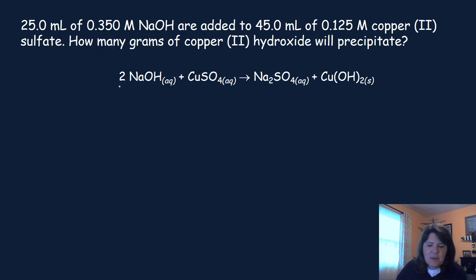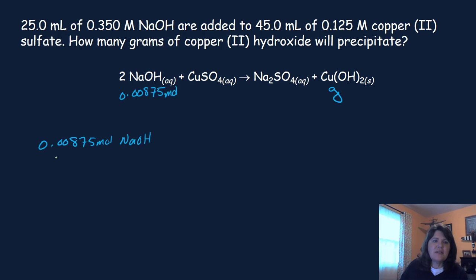So since I know the sodium hydroxide is the limiting reactant and I have 0.00875 moles of it, I can use it to find the grams. 0.00875 moles of sodium hydroxide for every 2 moles of sodium hydroxide.